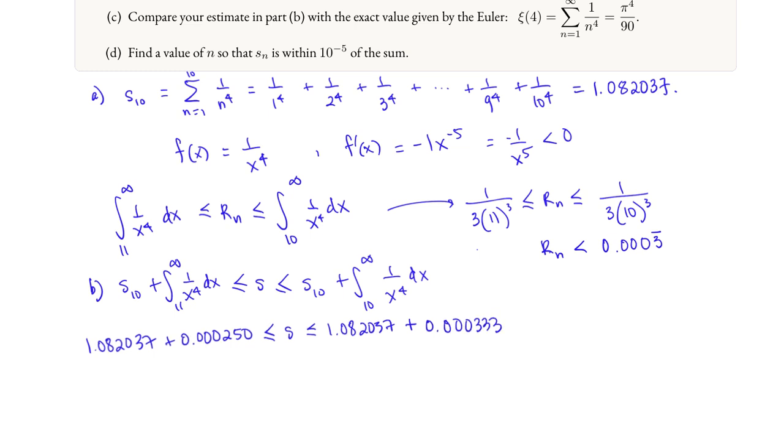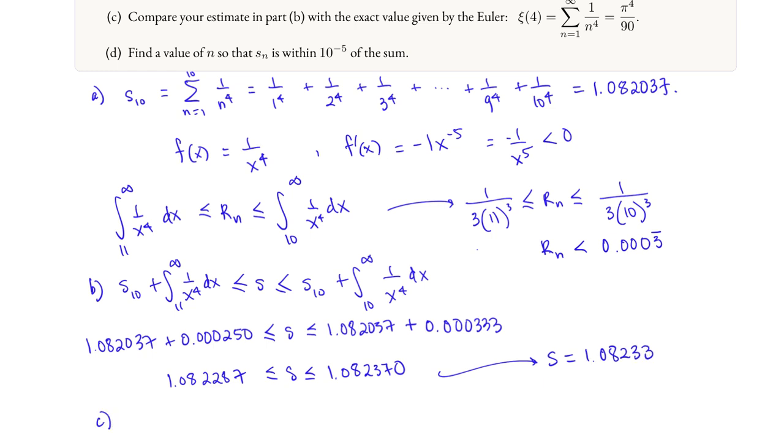And so we estimate that S, the actual sum, is between 1.082287 and 1.082370. If we average the two, then we will get 1.08233.